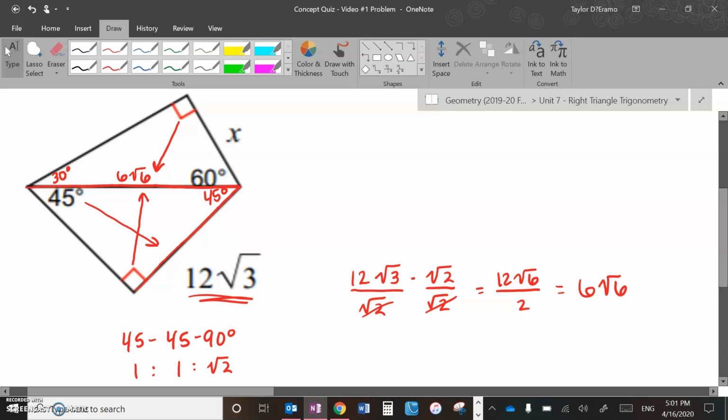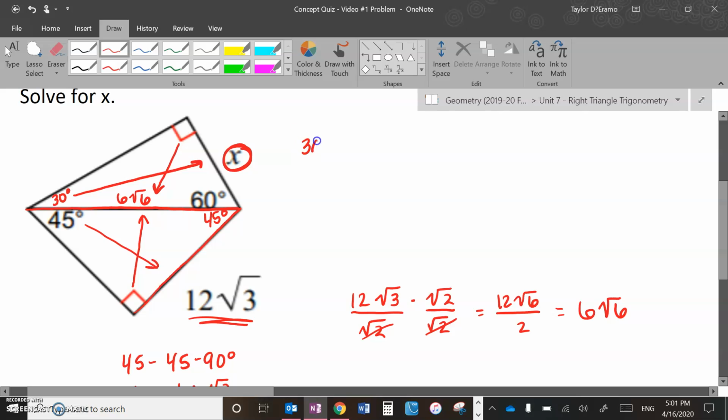Now the next thing I have to do is, since I'm trying to find this x right here, and that is across from the 30-degree angle, and I know that a 30, 60, 90 triangle has ratios of x to x root 3 to 2x.